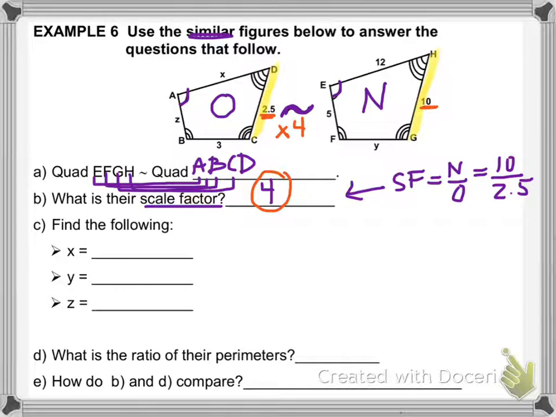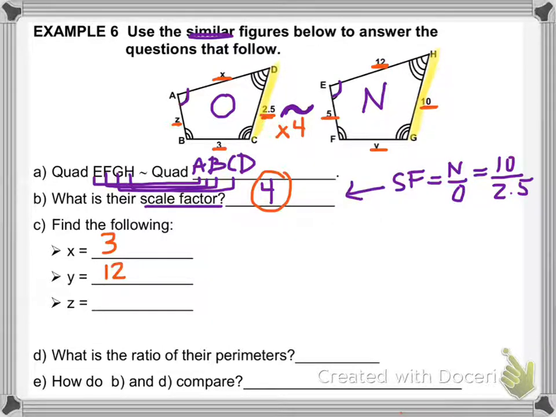So for x, I could think, okay, what times 4 gives me 12? It's 3. For y, 3 times 4 gives me 12. Y must be 12. And then for z, what times 4 gives me 5? Not as easy.